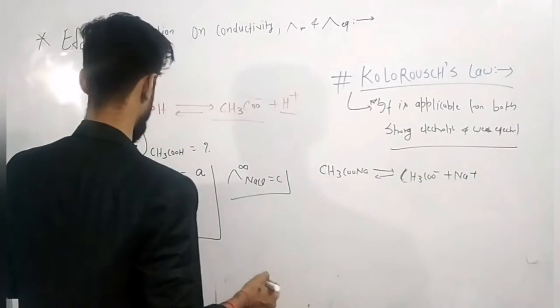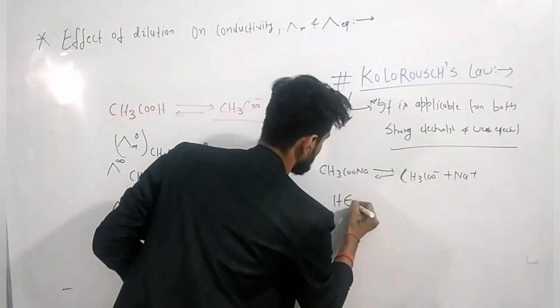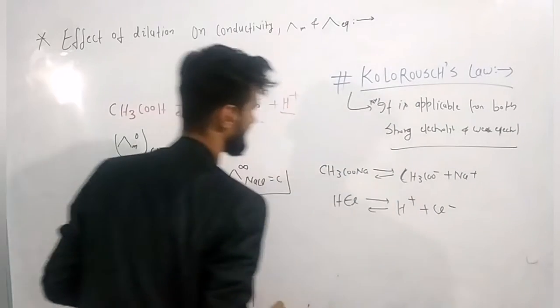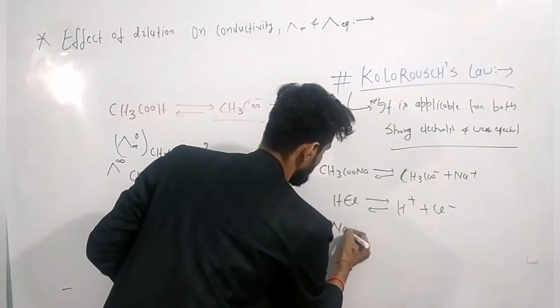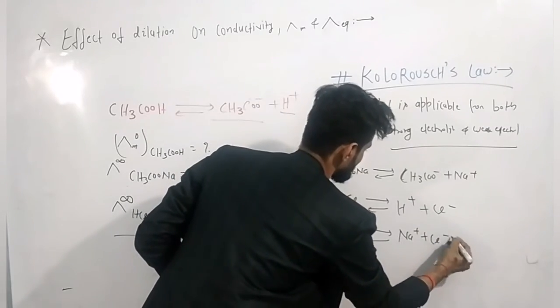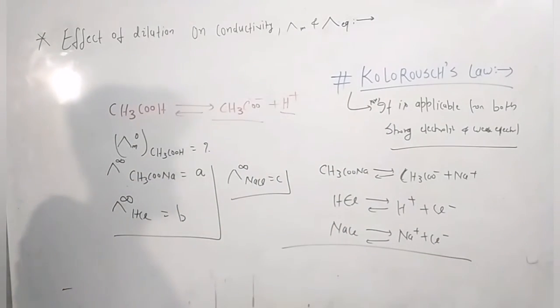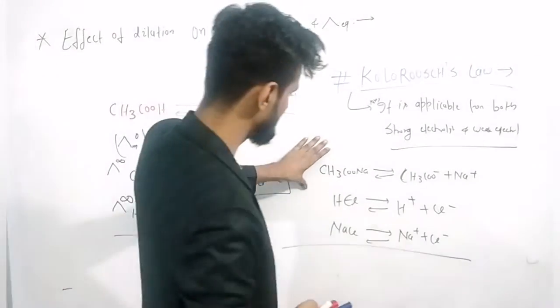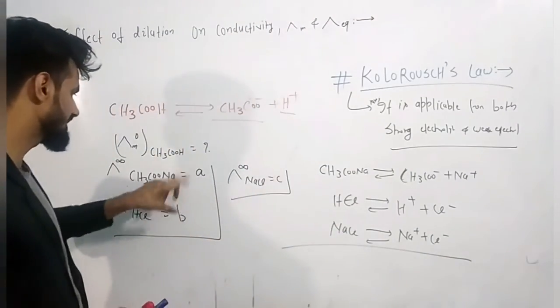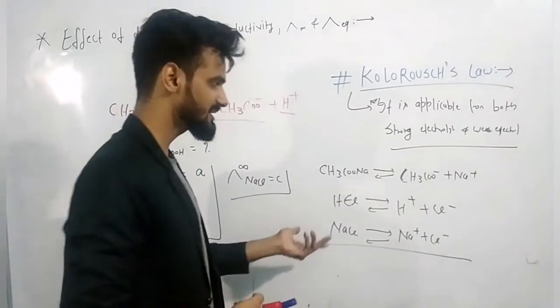If HCl dissociates, it will produce H+ plus Cl-, and if NaCl dissociates, it will produce Na+ plus Cl-. All these are strong electrolytes, so the values of kappa molar and kappa equivalent for all of these will be given. You don't have to panic about that; the values will be given in the question.